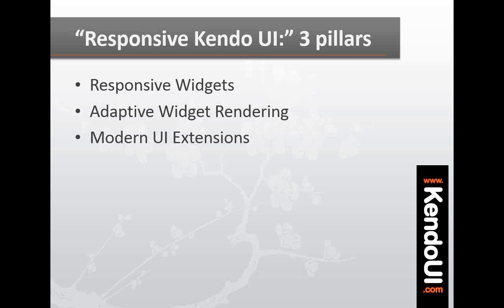So basically, the tenets of responsive web design are three things: flexible layout, media queries, and adaptive images or media. When I talk about flexible layout, Twitter Bootstrap is a very good example. It has a columnar, grid-based layout.